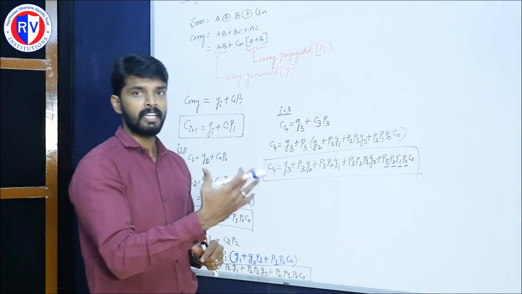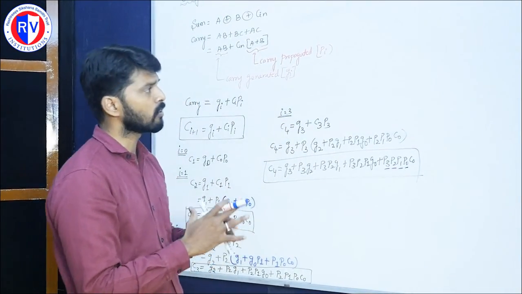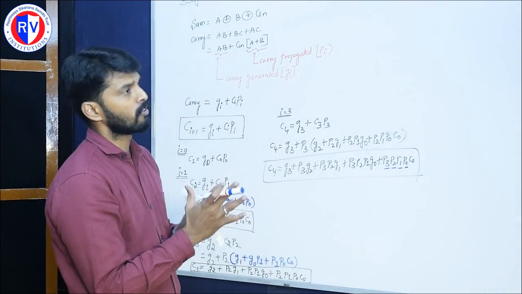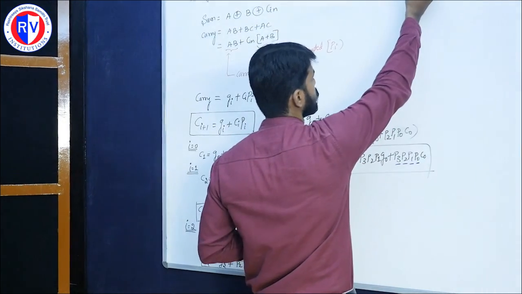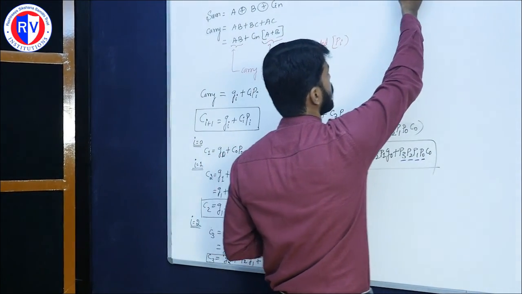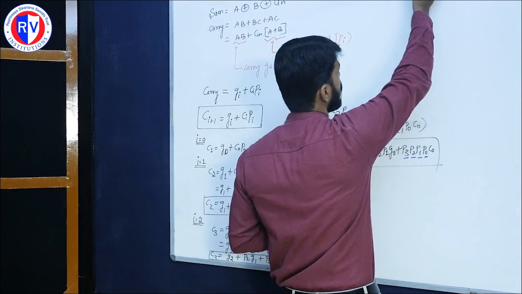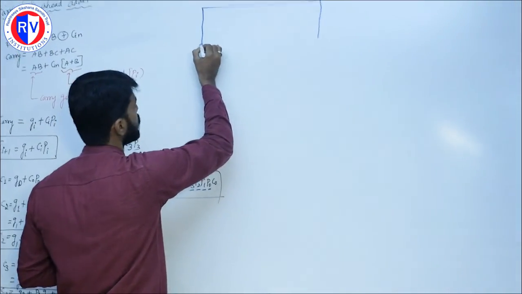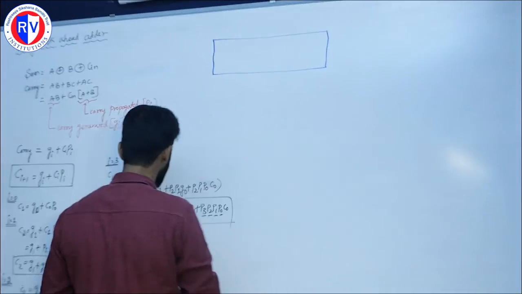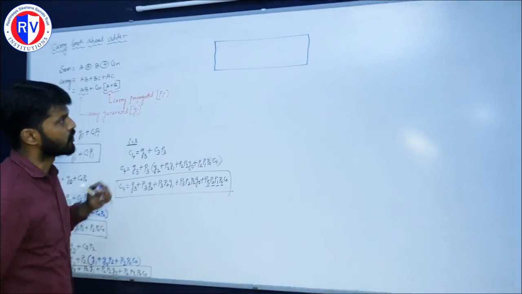Before designing the actual block diagram, we will see what the actual architecture of the carry lookahead adder network is. So I will write the block diagram structure. This carry lookahead adder has a carry lookahead adder network, which we can design with the help of this equation.